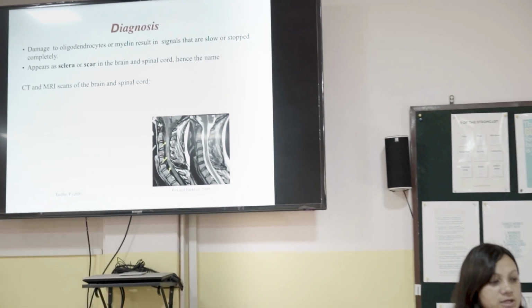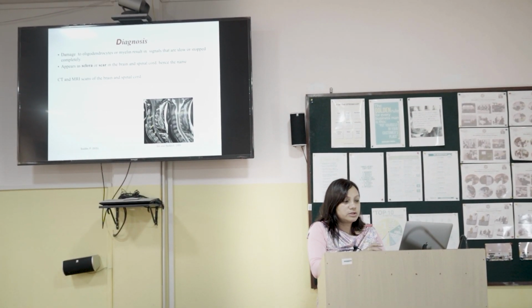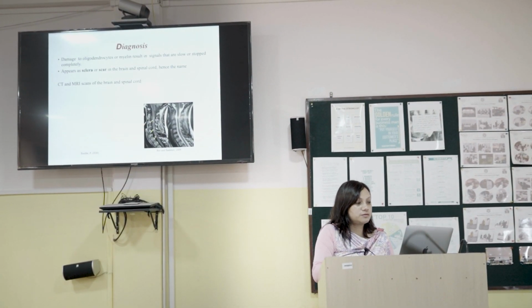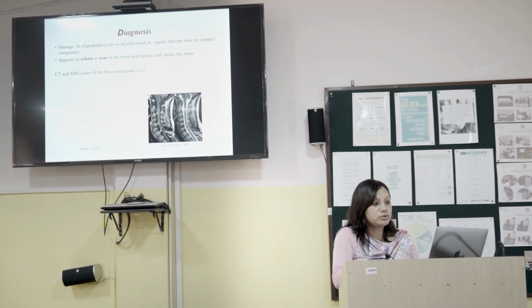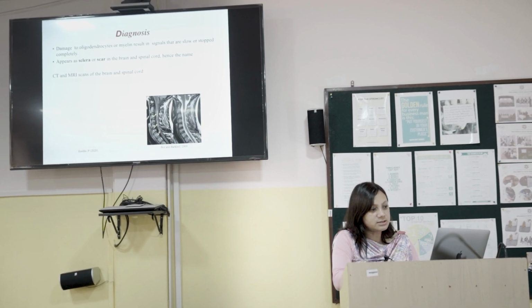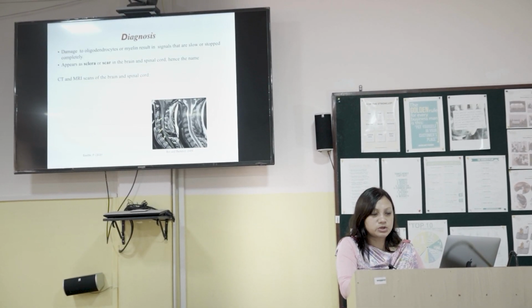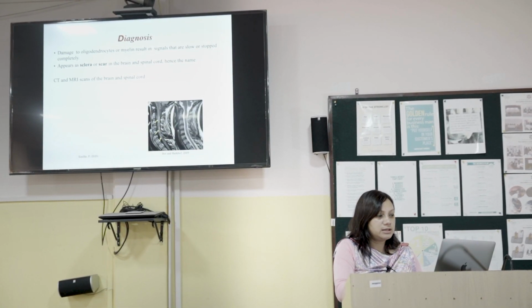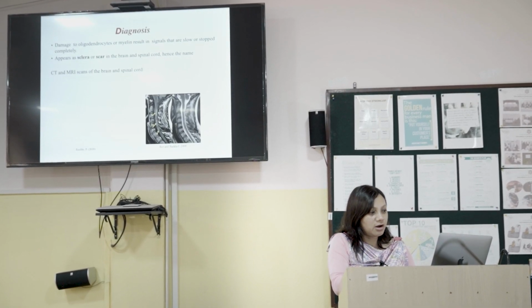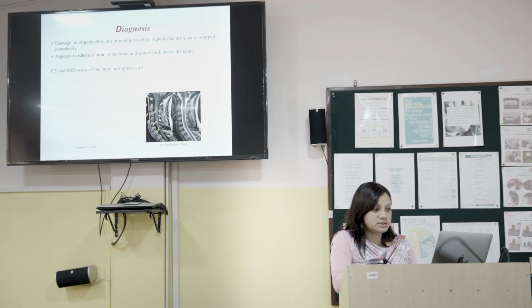Coming to the diagnosis of multiple sclerosis, during the destruction of the myelin sheath or of the cells that make up the myelin, which are the oligodendrocytes, signals are stopped or even slowed down. This disruption of the myelin sheath appears as sclera, or scars, or even plaques in the brain and the spinal cord, hence the name multiple sclerosis.